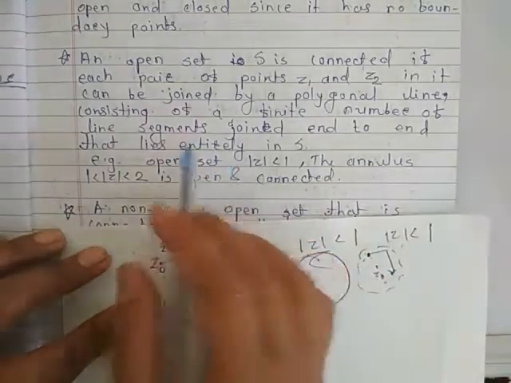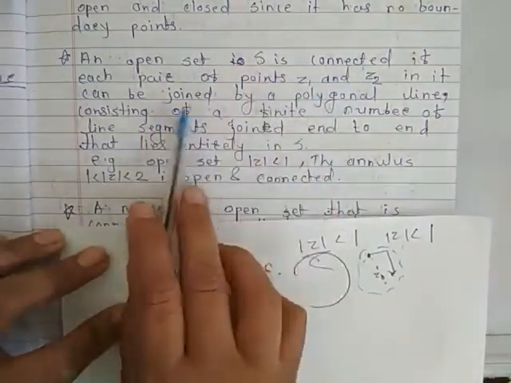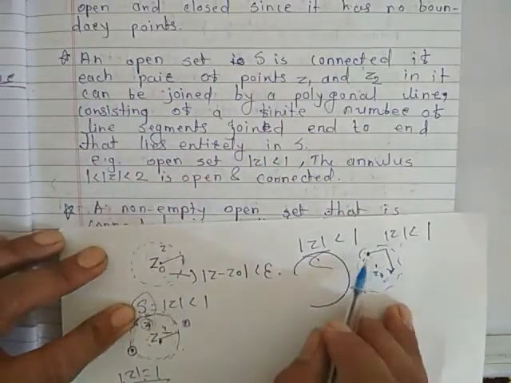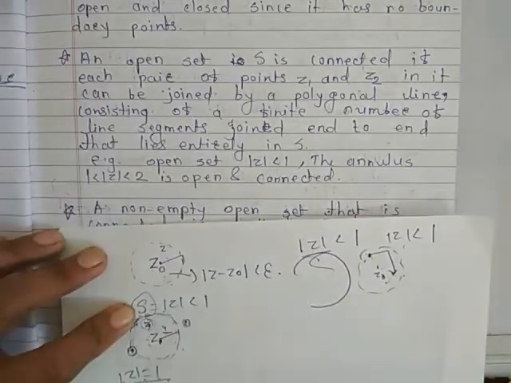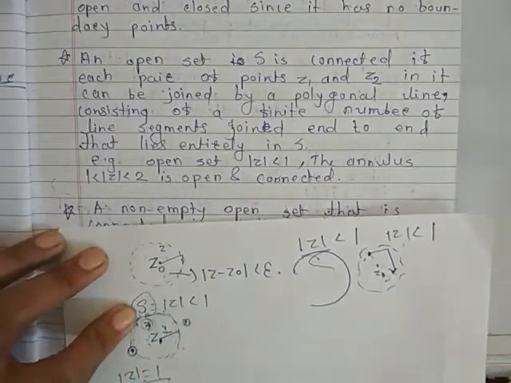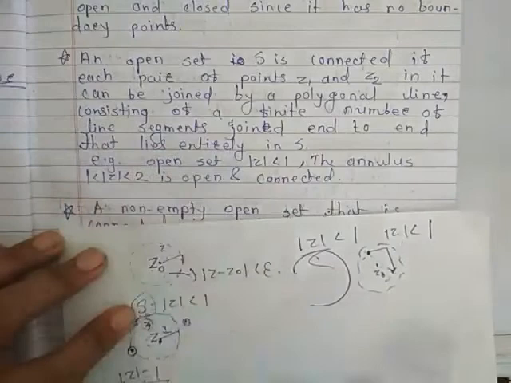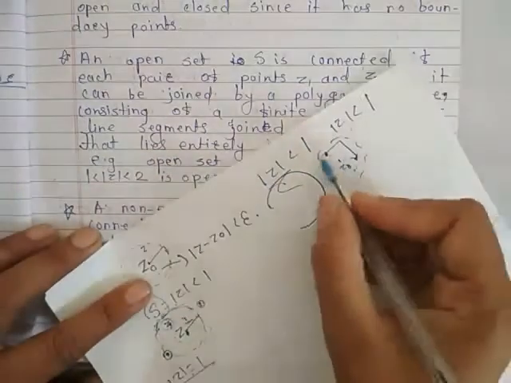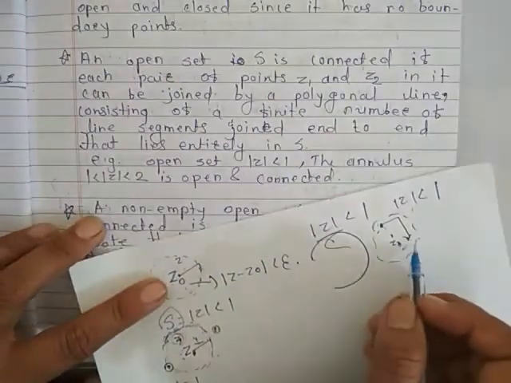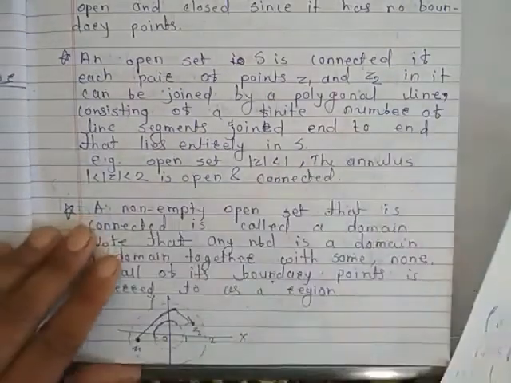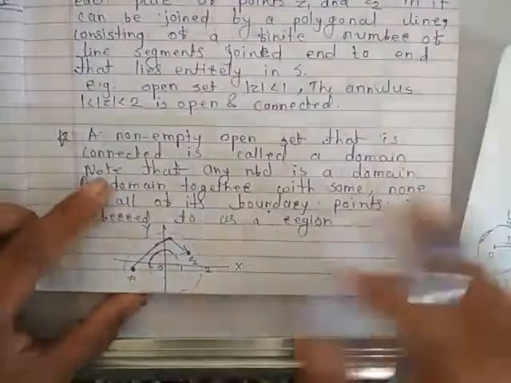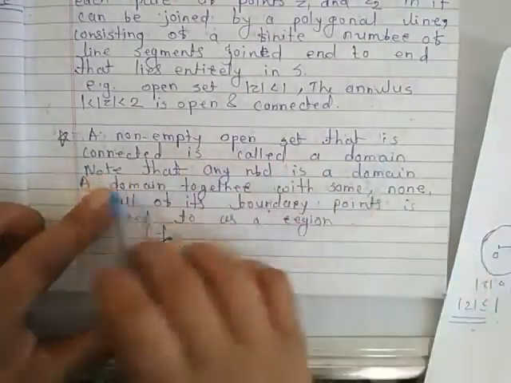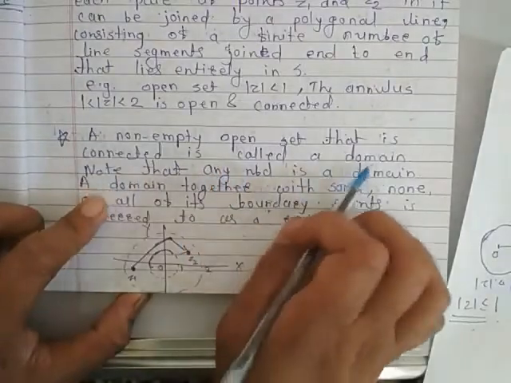It means S is connected if each pair of points Z1 and Z2 in it can be joined by a polygonal line consisting of a finite number of line segments joined end to end, and that lies entirely in S. Next definition: a non-empty open set that is connected is called a domain.